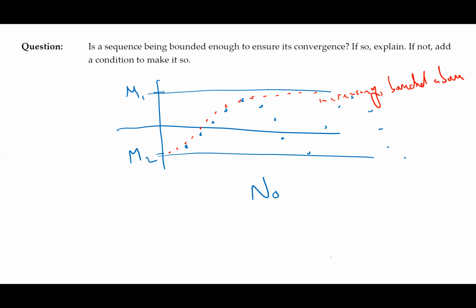We could say, all right, what if we've got this one? This is decreasing, bounded below. So if you can add monotonicity, meaning it's only increasing or only decreasing, with the appropriate bound above or below, then we can ensure that we have convergence.